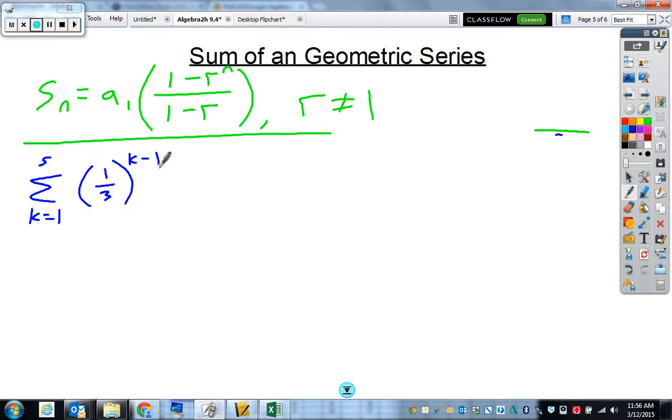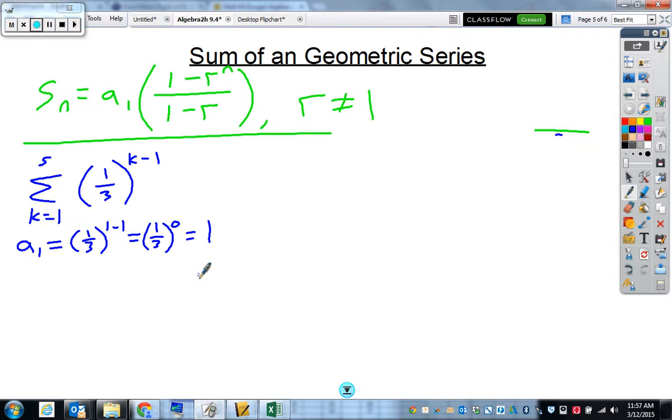Now again, this is not a difficult problem because I can look at this and see what all I have. Well, a sub 1 is just 1/3 to the 1 minus 1, which is 1/3 to the 0, which is 1. Anything to the 0 power is 1. So I have a sub 1 equals 1.